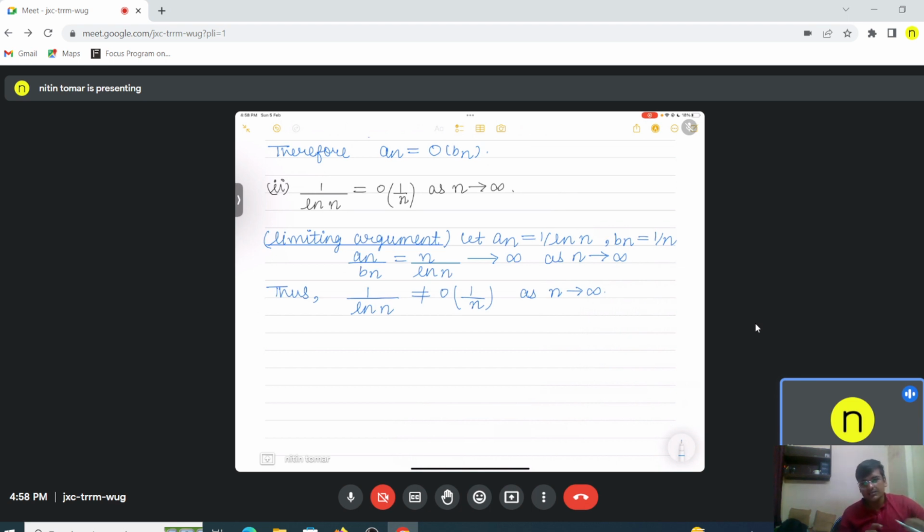We can check this with the definition also. It will also be true, okay?